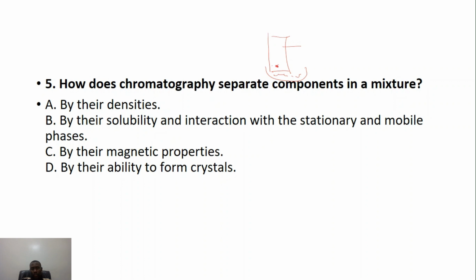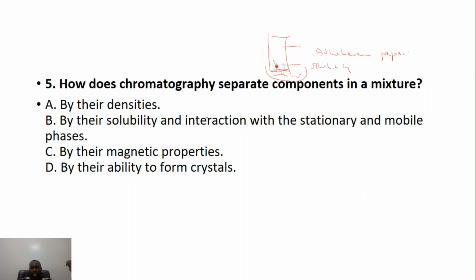So when you put a dot of ink here and you dip the paper slightly into water, such that water rises through capillary action, the water is now the mobile phase and it separates it into the different components. So the properties used are actually the solubility in water and the adherence to the paper, which happens to be the stationary medium. So it's not the density.